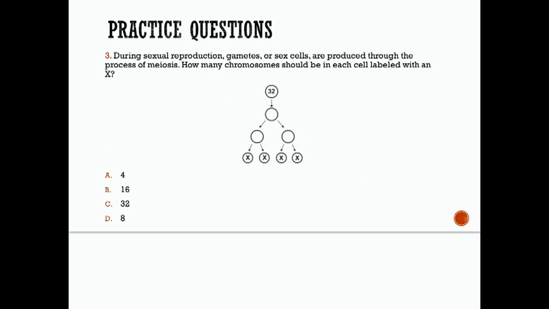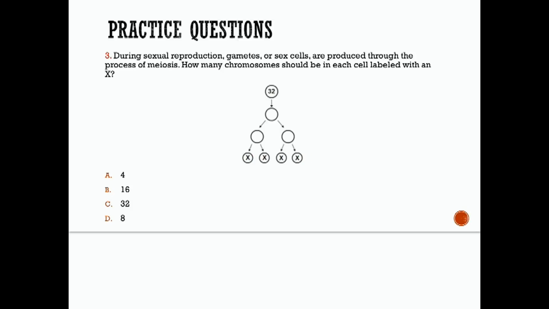Number 3, during sexual reproduction, gametes or sex cells are produced through the process of meiosis. How many chromosomes should be in each cell labeled with an X? Okay, so in this specific species, the cell has 32 chromosomes. And remember, the ones labeled with an X are the gametes, and they should have half.